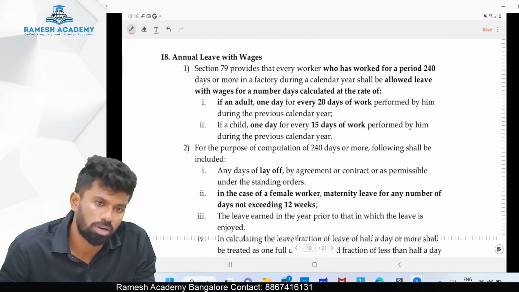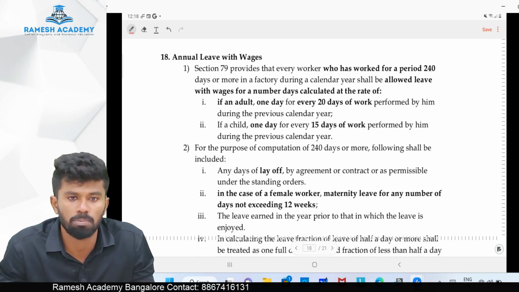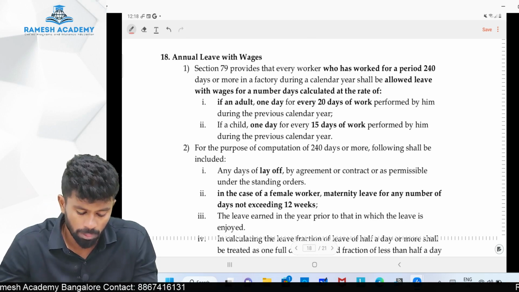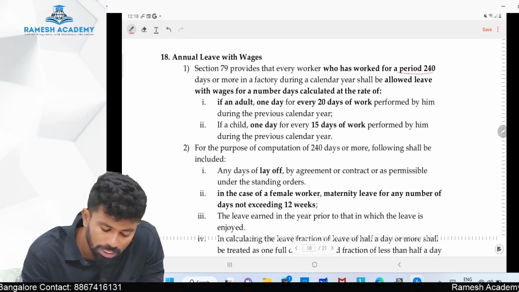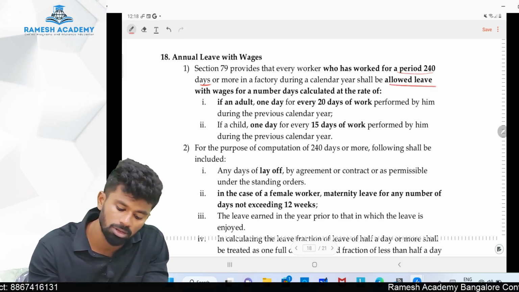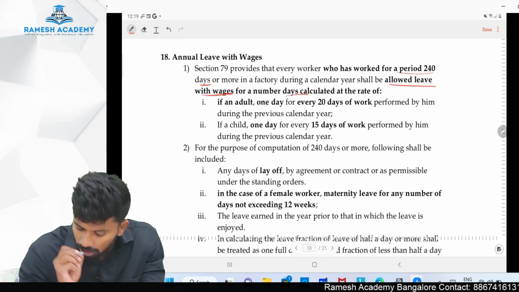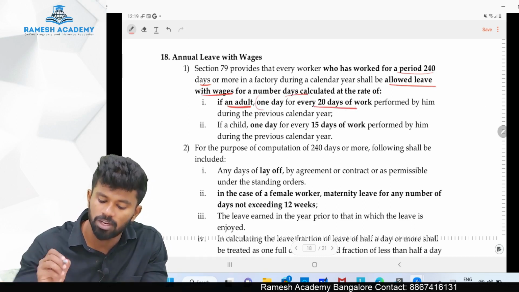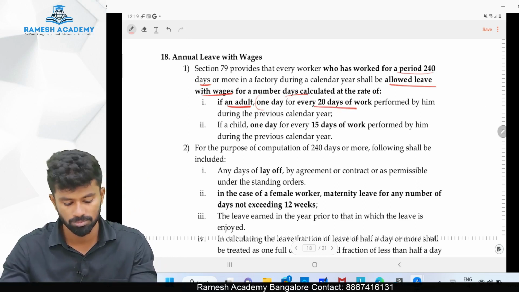This part is important. Annual leave with wages, where a factory shall provide leave with wages. With wages, how many? Every worker who has worked for a period of 240 days in a year shall be allowed leave with wages for a number of days calculated at a rate of, if an adult, 1 day for every 20 days of work performed by him during the previous calendar year.